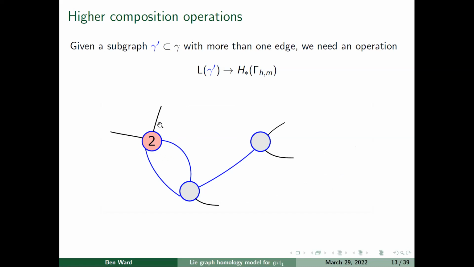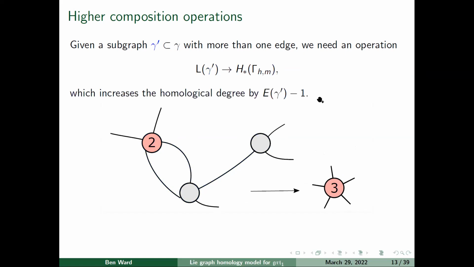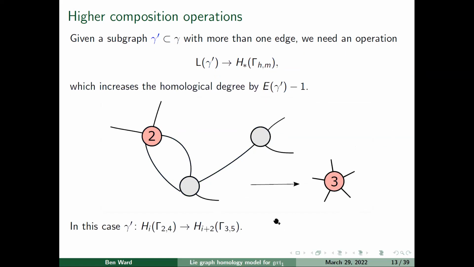So it'd have to go to this H24 to H35, but the degree would have to be homological degree E -1. So if I want the total degree to be -1, the degree of the operation would have to be E -1. In this case, it'd have to be 2. So the word higher here could be just interpreted as saying raises the degree.